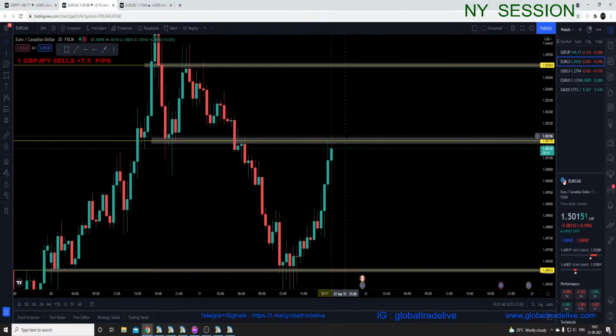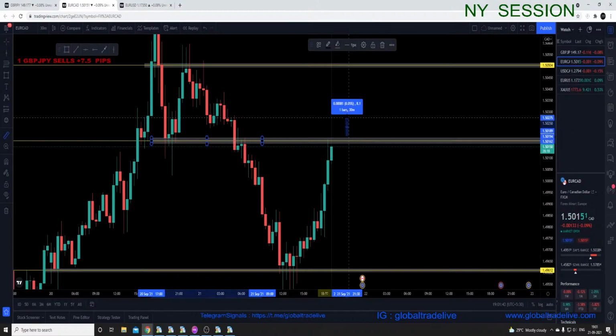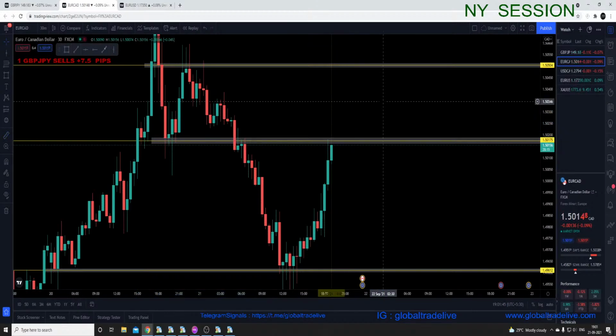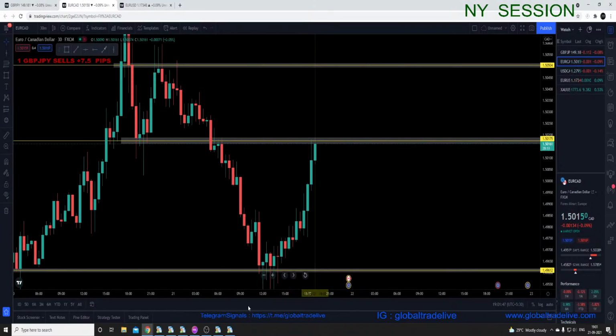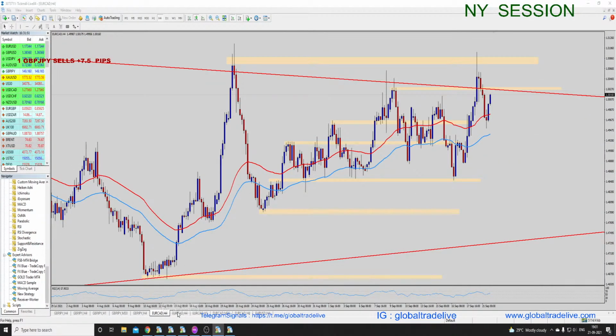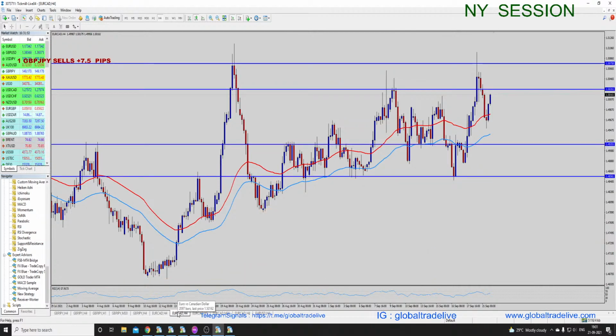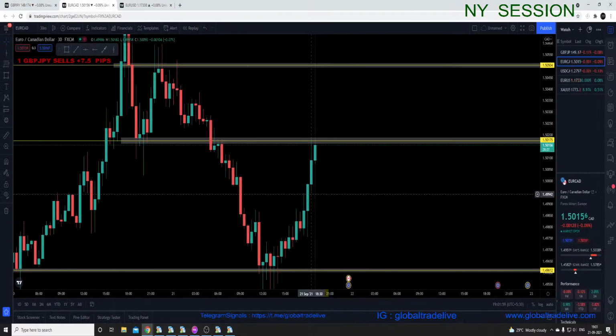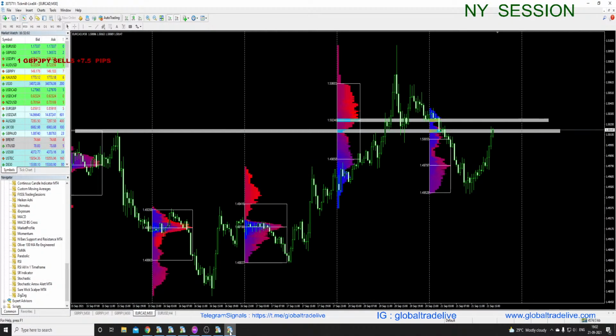If it breaks this high, then it can go up 8 pips, 9 pips. Let's have a look. EuroCAD can go up to this level, I think, which is 10 pips.